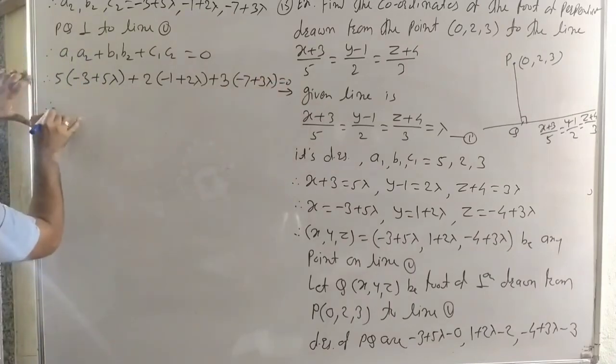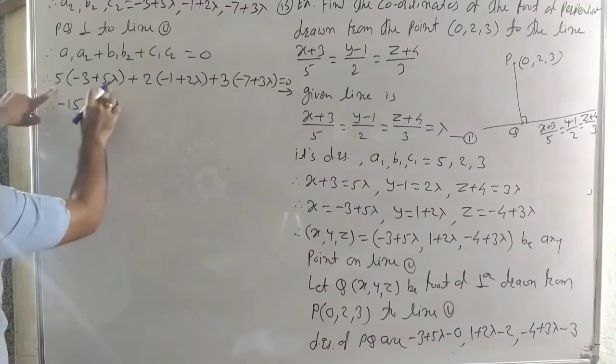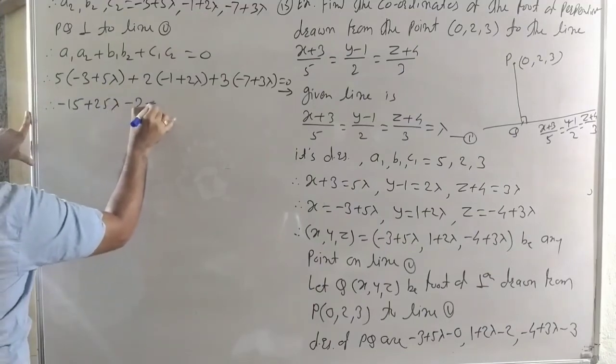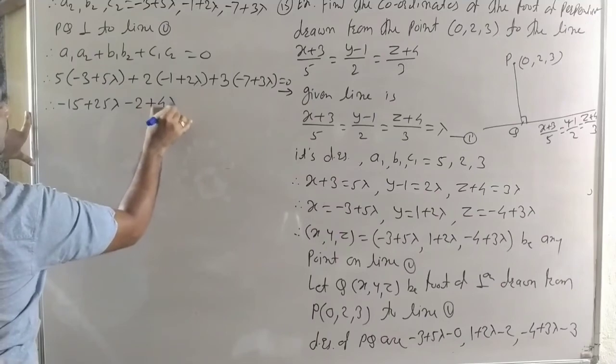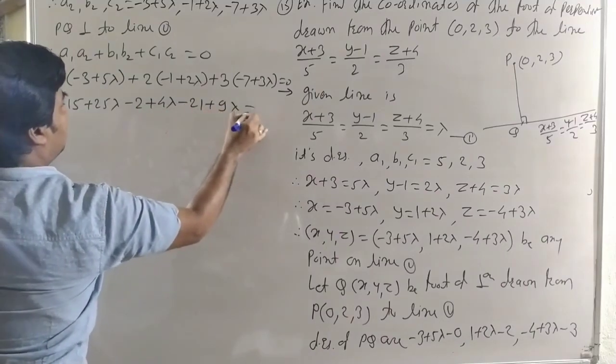Then calculate: -15 + 25 lambda - 2 + 4 lambda - 21 + 9 lambda = 0.